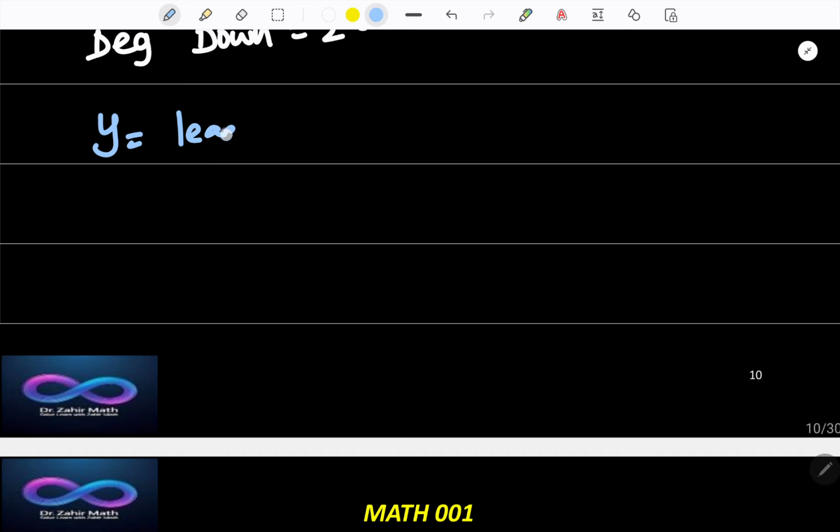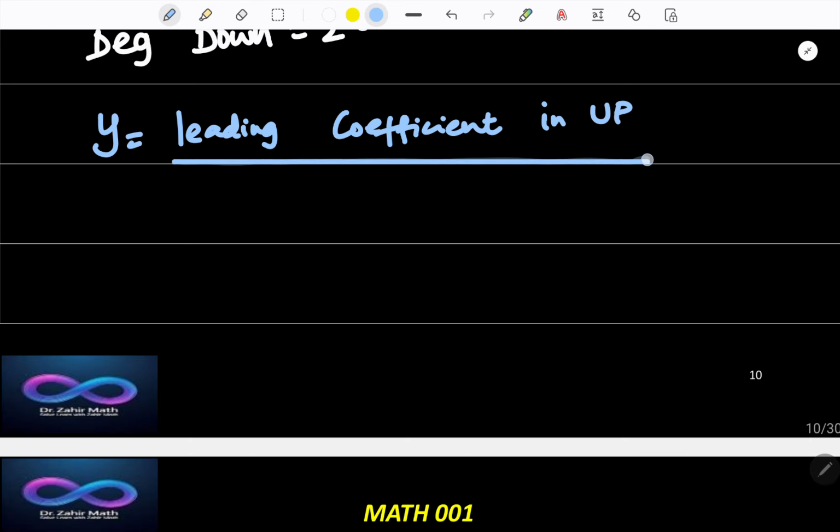If it is equal, the formula is y is equal to the leading coefficient in the up, the numerator, divided by the leading coefficient in the down, the denominator.